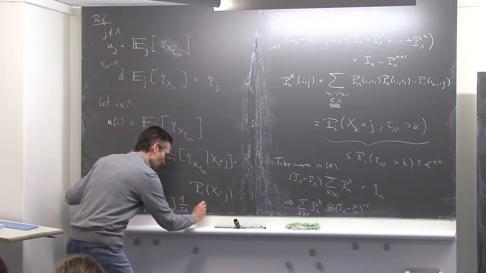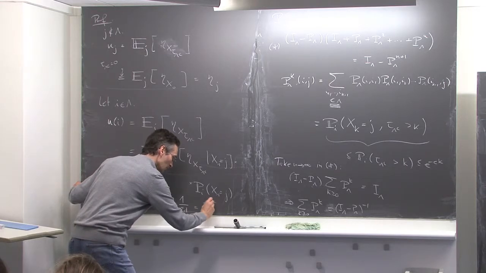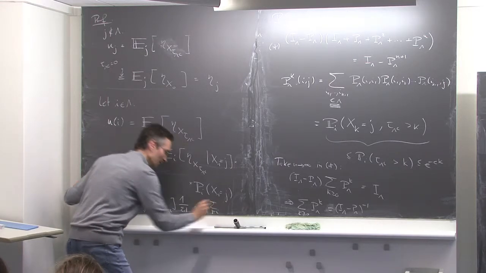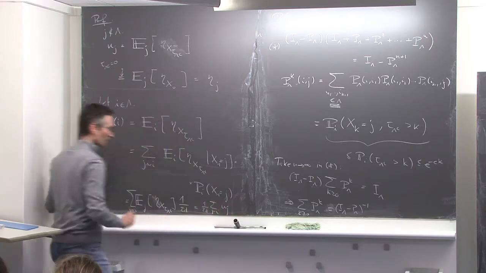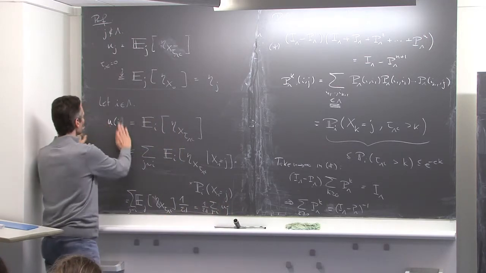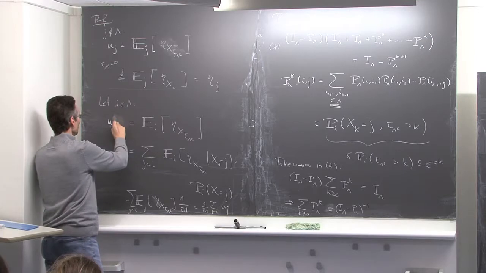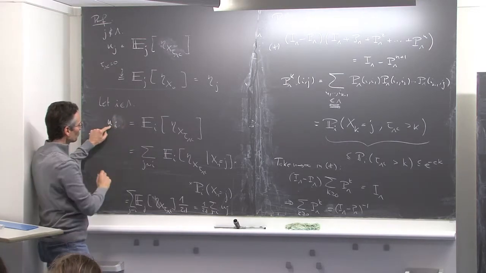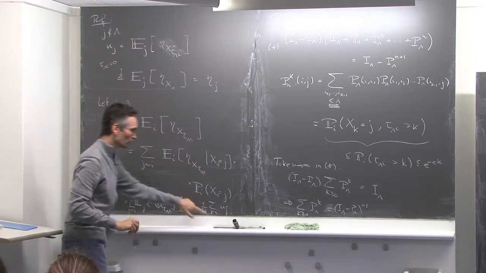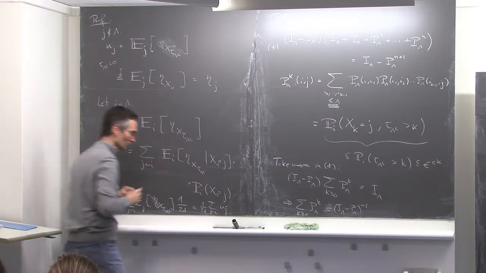So this is 1 over 2d times the sum over j neighbors of i of u_j. What do I get if I subtract u_i from both sides? I get that 0 is equal to the Laplacian of u. And so u is harmonic.